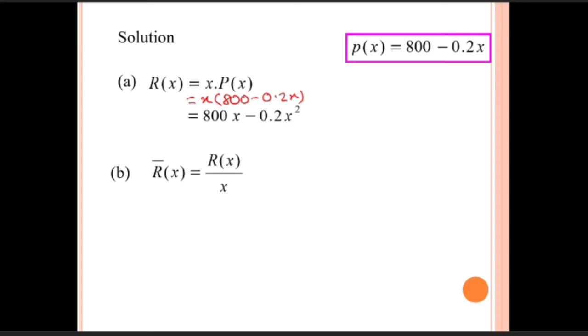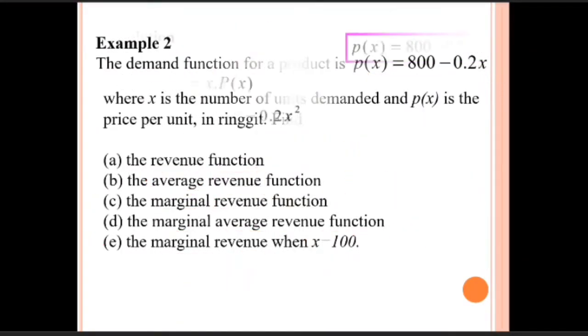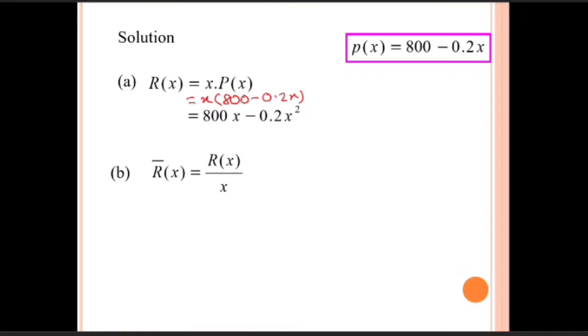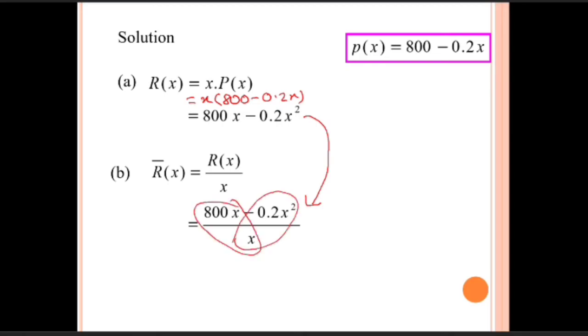Finding the average revenue function. So the formula is just revenue divided with x. The revenue function is obtained in A and just divide it with x. Divide each of the term with x. And you get 800 minus 0.2x.